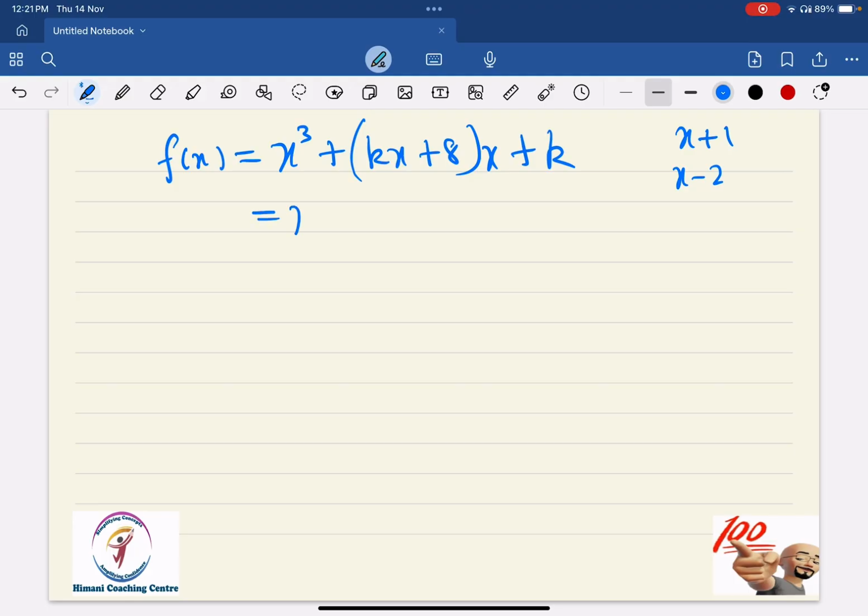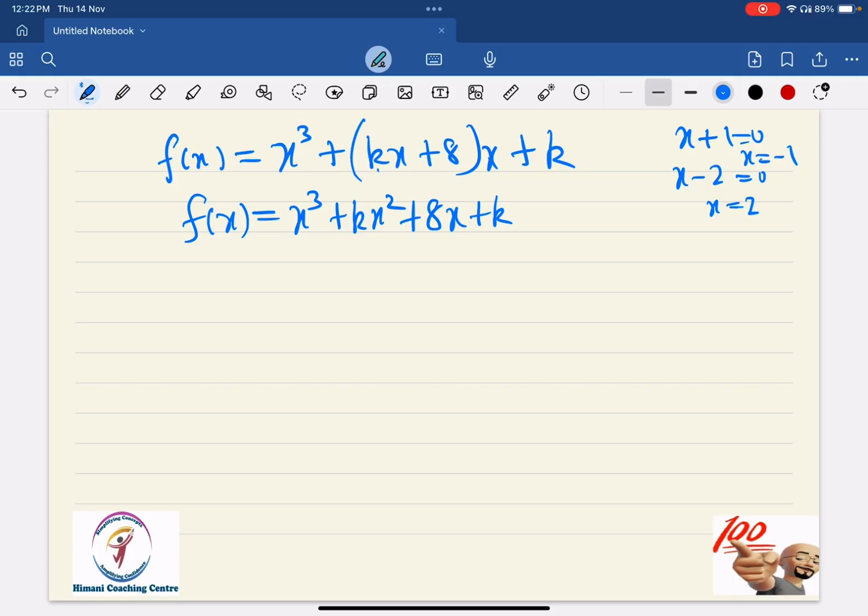What is f of x? This is x cube, kx into x is kx square and plus 8x plus k. So that is f of x. Now if x plus 1 is 0, we get what? x equals minus 1. x minus 2 is 0, we get x equals 2.